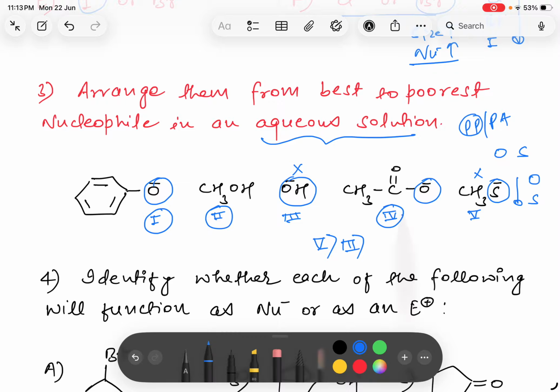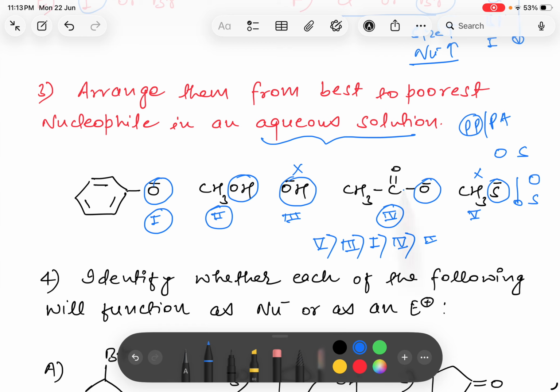Equal contributing resonance structure means stronger resonance. Stronger resonance means nucleophilic strength should be low. So 1st, then 4th, and in the last the neutral one, 2nd. So better the resonance, poorer the nucleophilicity.